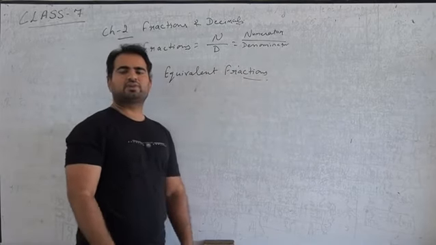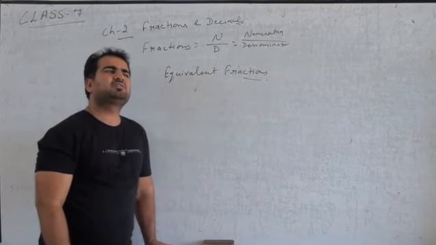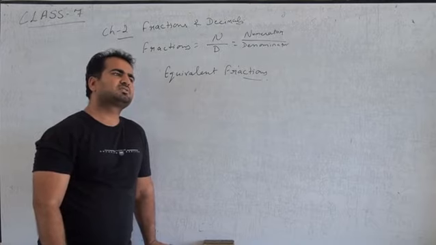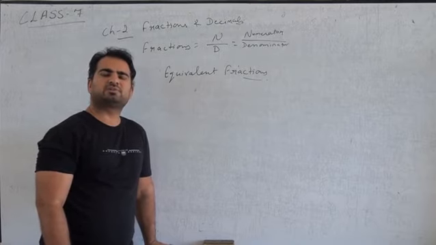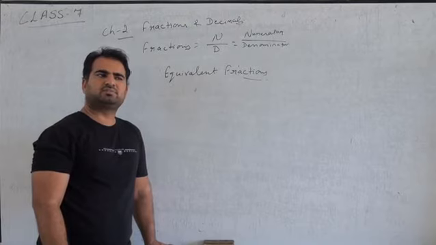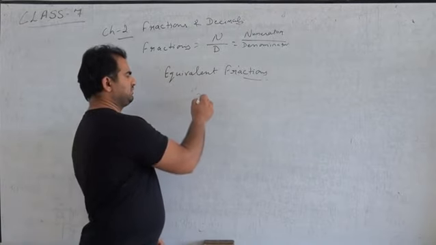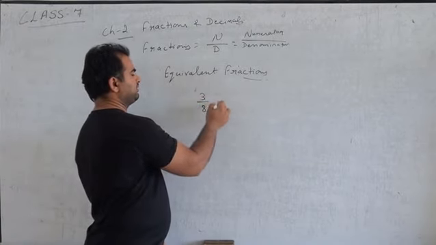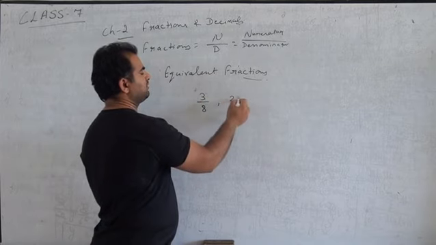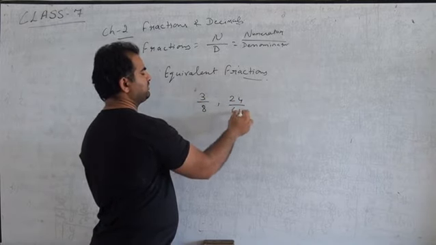What are equivalent fractions? Equivalent fractions are those fractions whose standard form is same or simplest form is same, like 3 upon 8, comma 24 upon 64.